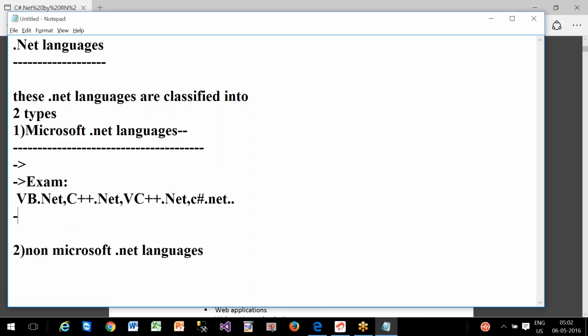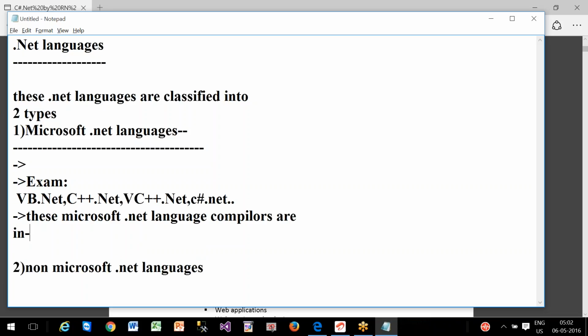Every language needs a compiler. Microsoft .NET language compilers are inbuilt with the .NET software.